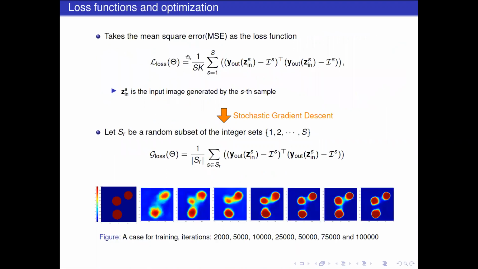In this case, we just use the mean square error as a loss function and apply stochastic gradient descent to reduce the computational cost. This part is very standard.